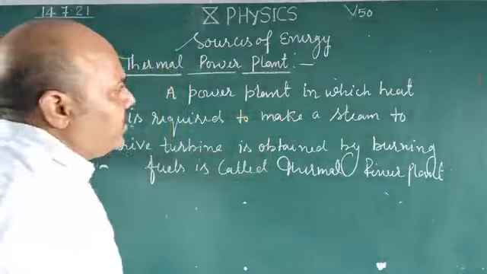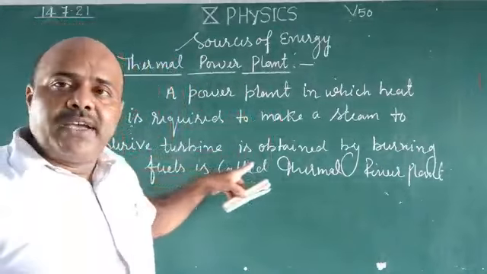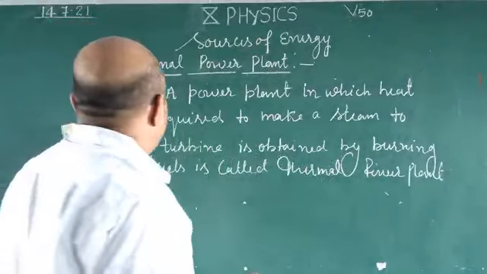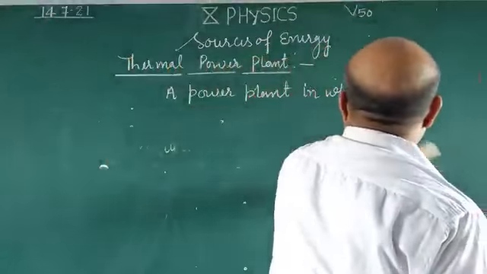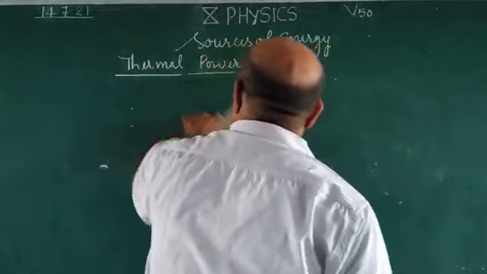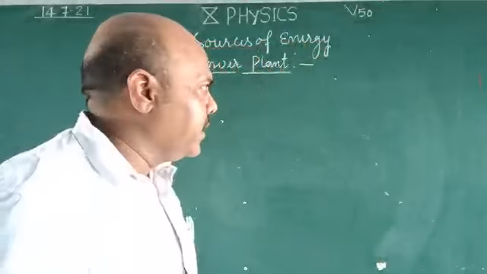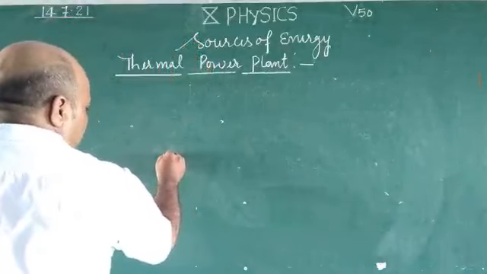A power plant in which heat is required to make steam to drive a turbine, obtained by burning fuels, is called a thermal power plant. First of all, this is the boiler tank.